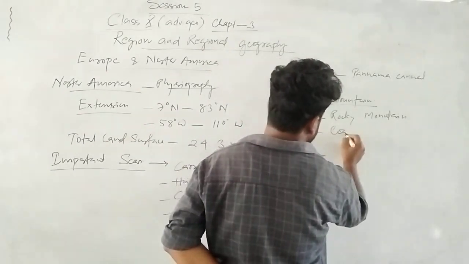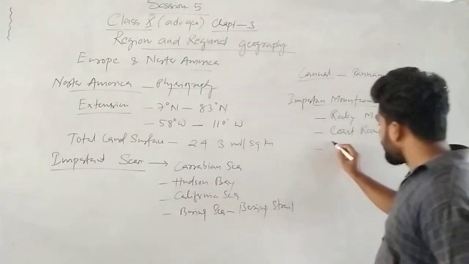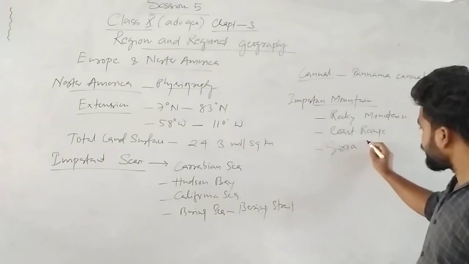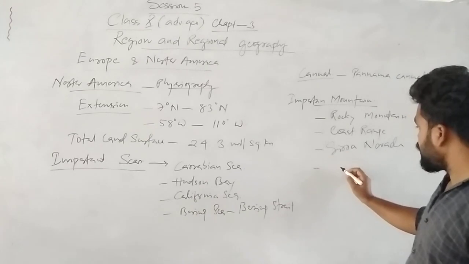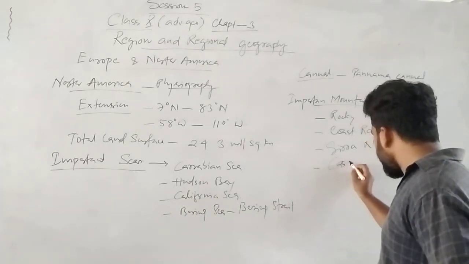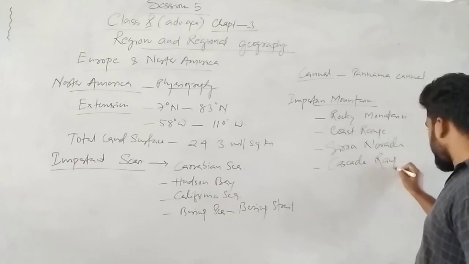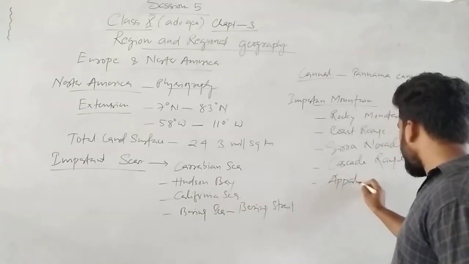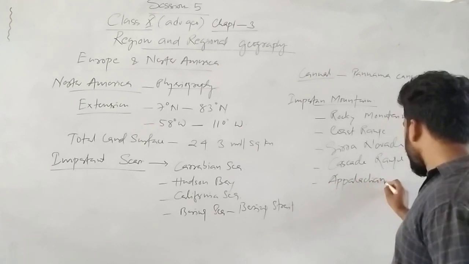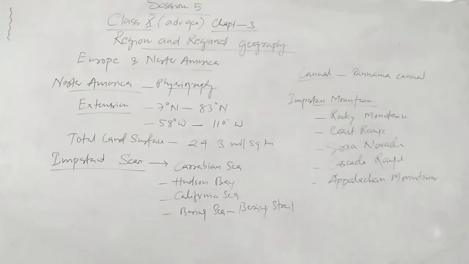Number two is the Coast Range, the Sierra Nevada, and again another is the Cascade Range, and the Appalachian Mountains. Okay, simple. These are the important mountains.